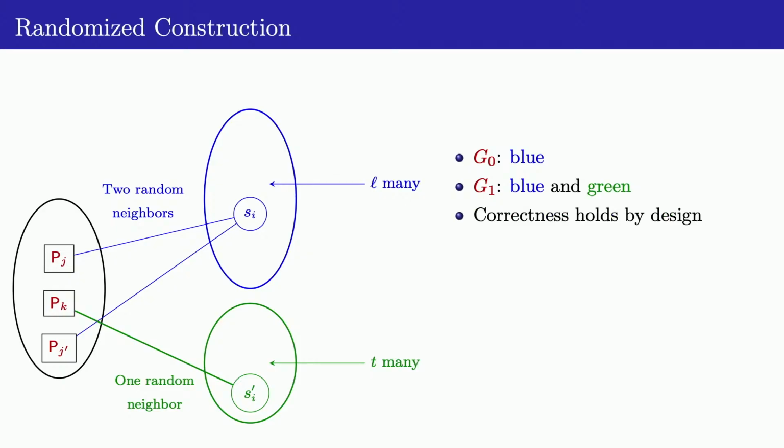We need G0 to have correctness, which means every node should have even degree, which by design holds. For pseudorandomness, we need G1, the complete thing, to have a dedicated seed per party. This will hold if you throw in enough seeds, which means the number of seeds in the blue part has to grow linearly in n.